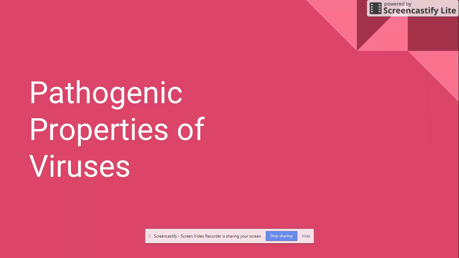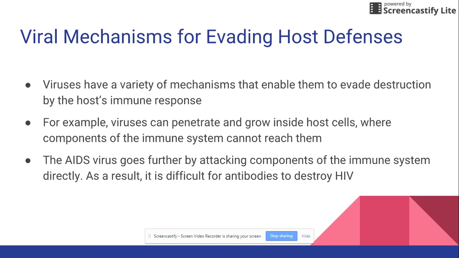Okay, so we're looking at the pathogenic properties of viruses. So that was for bacteria. So now we're going to look at viruses. They have different ways of how they will invade a host cell and how they gain access past the defenses. So viruses have a variety of ways that enable them to evade the destruction of the host cell's immunity.